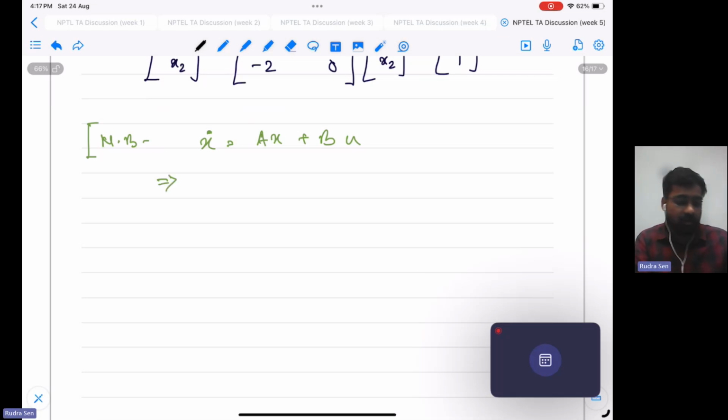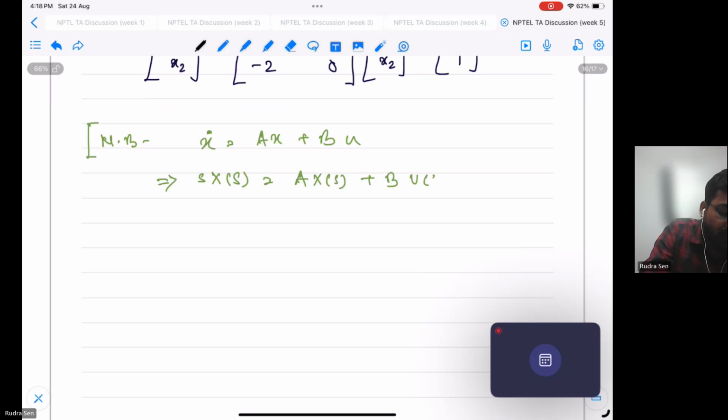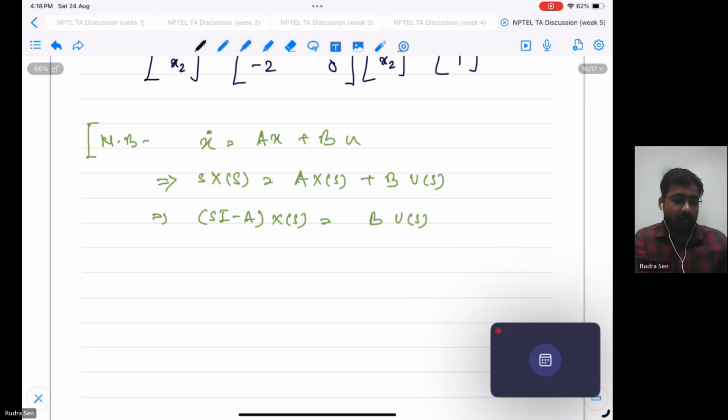First of all, s X(s) equals A X(s) plus B U(s). So here, (sI minus A) X(s) equals B U(s), right?